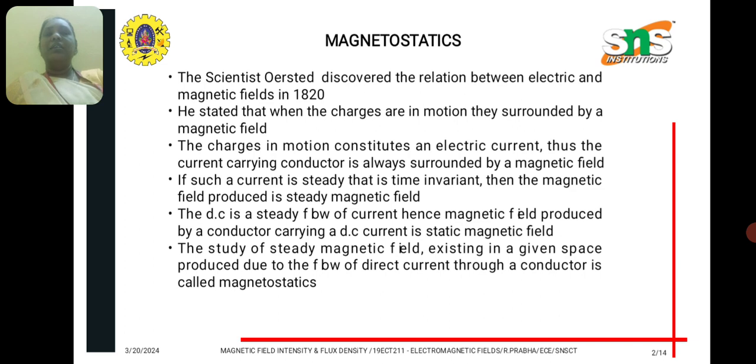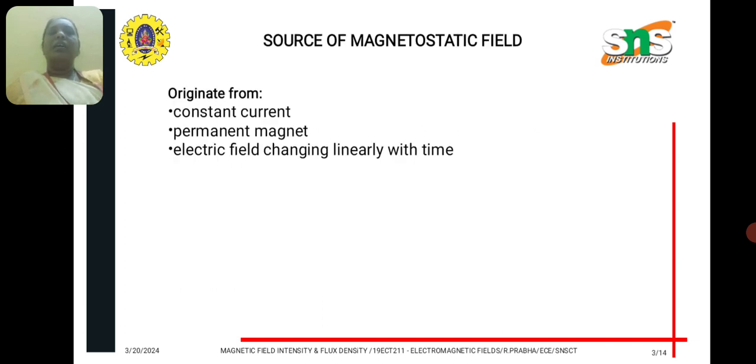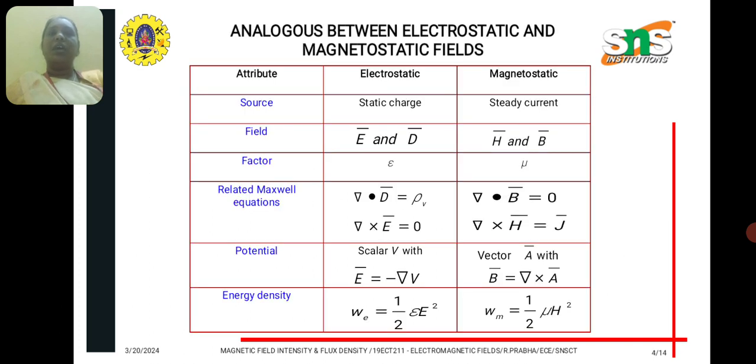The study of steady magnetic field existing in a given space, produced due to the flow of direct current through a conductor, is called magnetostatics. The sources of the magnetostatic field are constant current, permanent magnets, and electric field changing linearly with time.